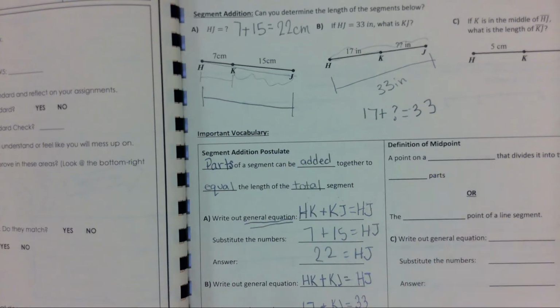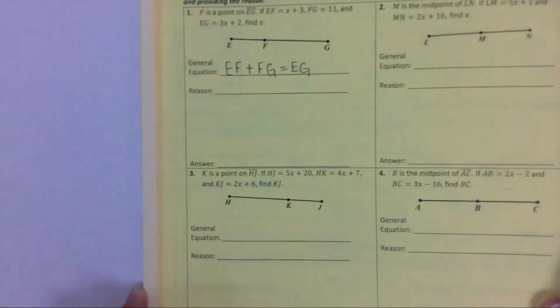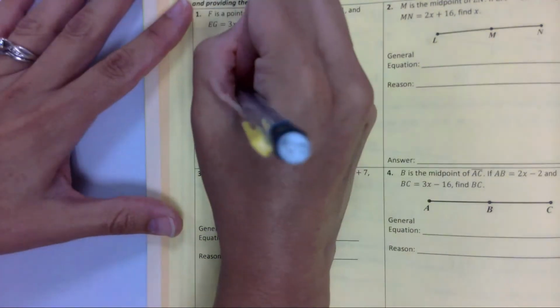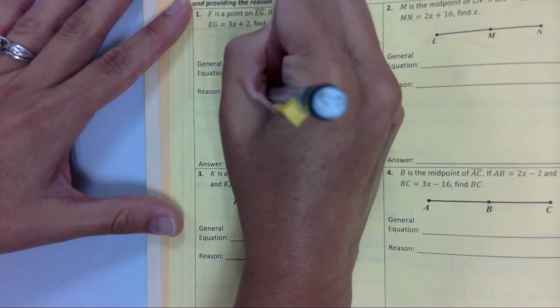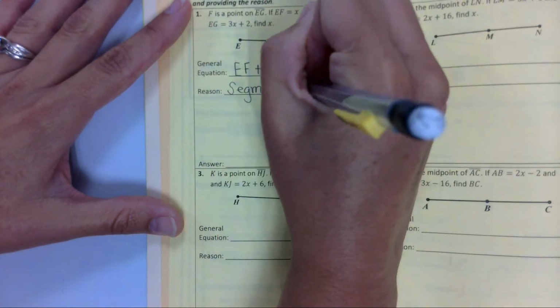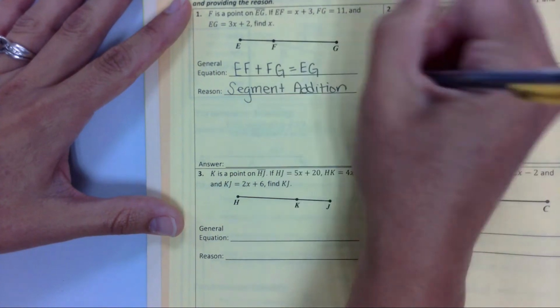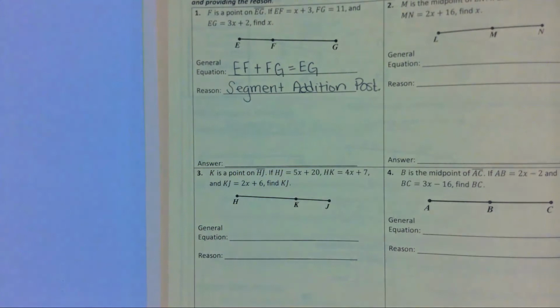So we haven't done midpoint yet, and the only time you can use midpoint is if it says midpoint. Okay, this one doesn't say midpoint, so it's segment addition postulate. Segment addition, and then I'm just going to put POST for postulate because I ran out of space.